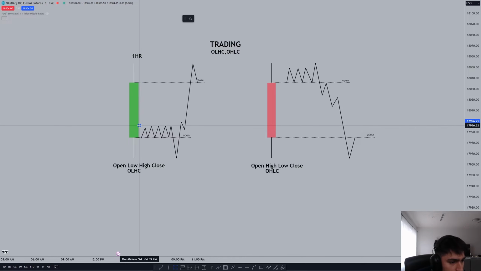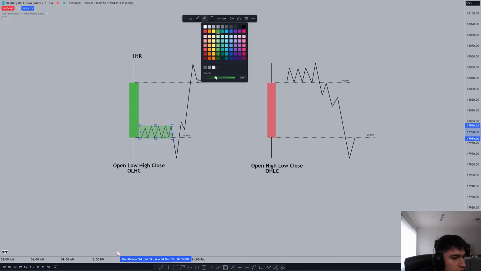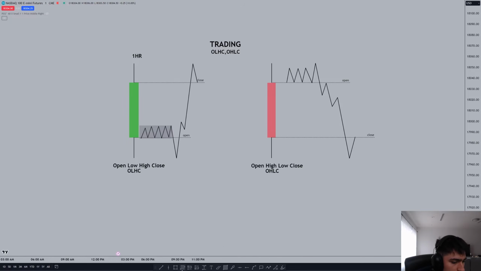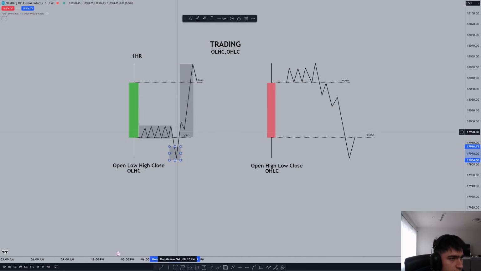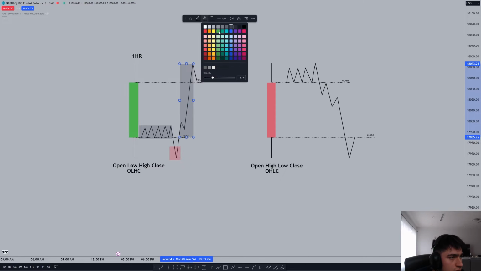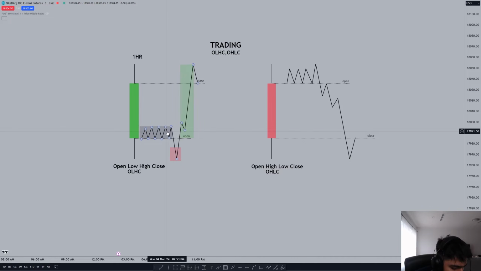We have your accumulation here. Let me switch this up, make it a little bit lighter. You have your manipulation here, and then you have your beautiful distribution here. Let me make this red, and then you have your beautiful distribution there: open low high close, accumulation, manipulation, distribution.